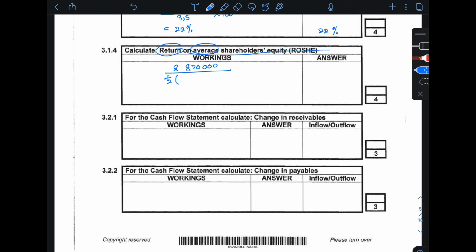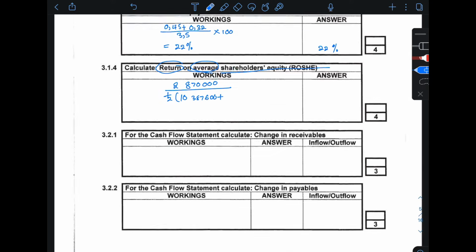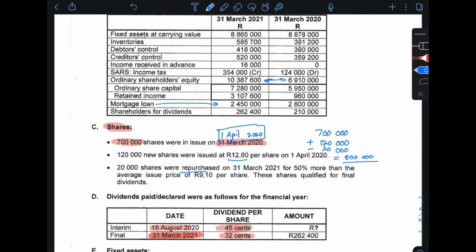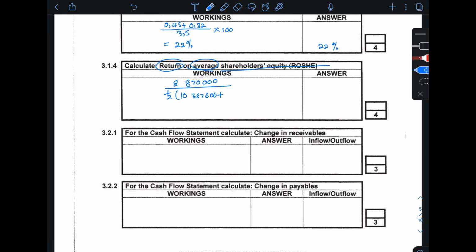Which is 387,600 plus, let's see what this amount was, 6,910,000. Your return should also be in terms of percentages, and I'm getting 33.18%. We can simply round this off to 33.2%.